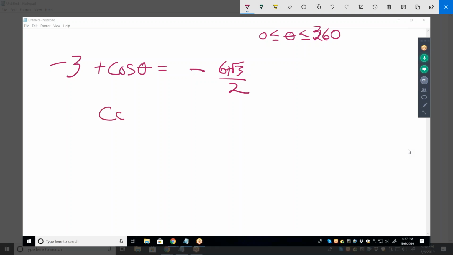You could multiply, or you could add 3. Now what? You can multiply by 2.